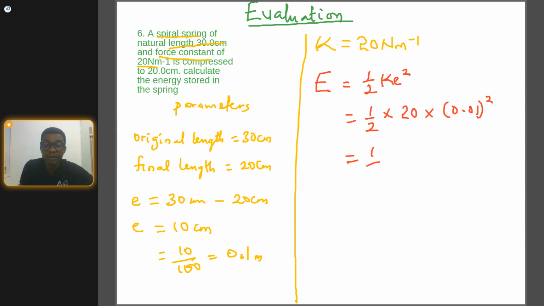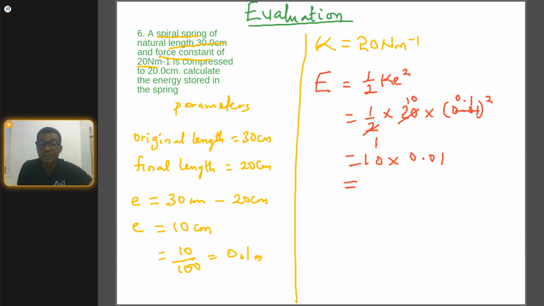Let's simplify that. 2 will divide 2, we have 1, and 20 divided by 2, we have 10. That is 10 multiplied by, this is 0.1, not 0.01, 0.1 squared. So 10 multiplied by 0.1 squared, that will be 0.01.